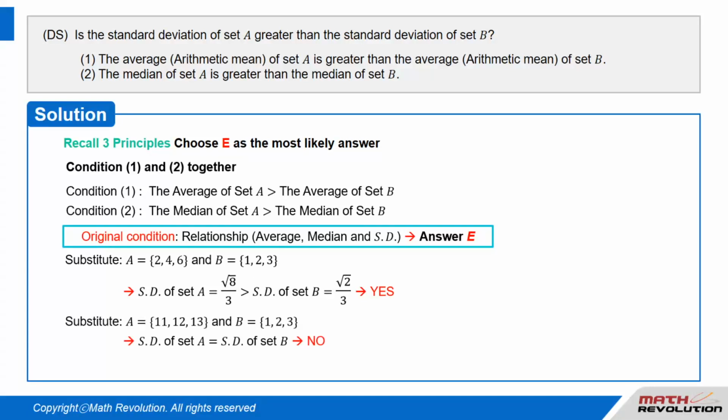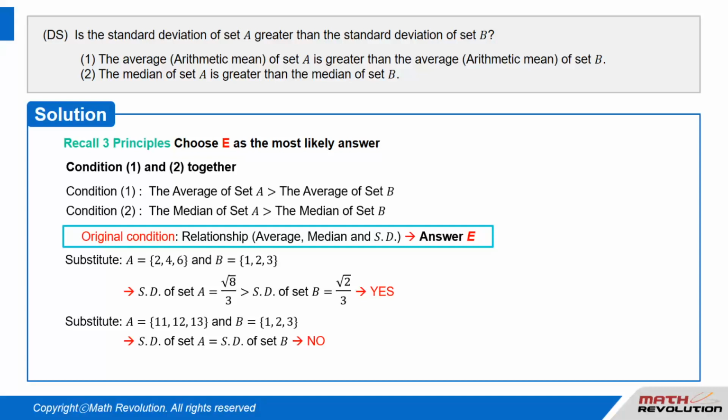But if we keep set A equals 11, 12, 13, and change set B to 1, 2, 3, then the standard deviation of set A is equal to the standard deviation of set B, and we get no as an answer. The answer is not unique, both yes and no, so conditions 1 and 2 combined are not sufficient.